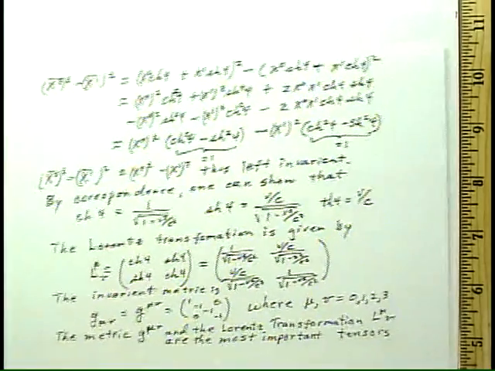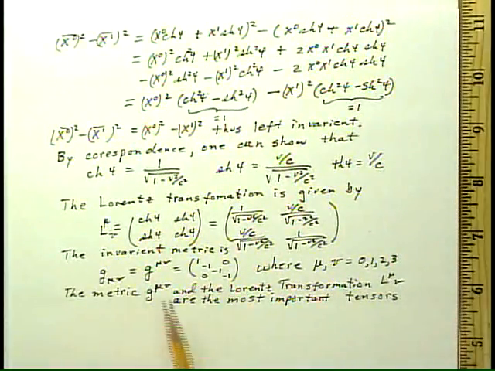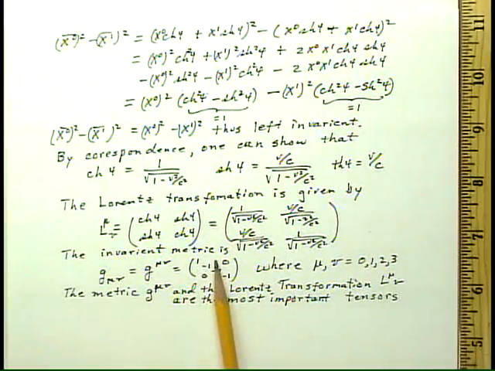Generalizing now to 3 dimensions, we can see that we really must have an invariant metric, because there's no difference between the x direction, the y direction, or the z direction. So it is this time direction minus the other 3 directions squared that must be our invariant.